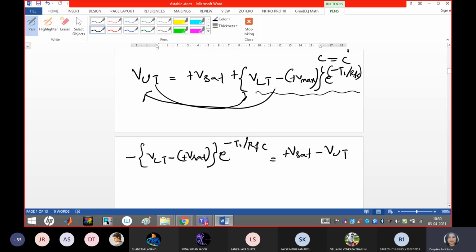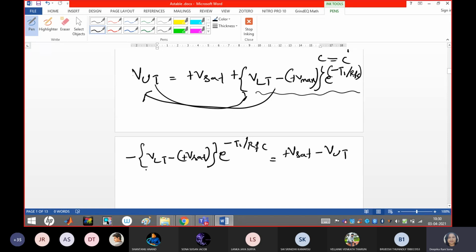Now let's solve this part, guys. We know that minus x minus y can be written as minus x plus y. So this minus will multiply, this will become plus, but still this VLT will become negative sign only. Minus x plus y can be written as y minus x.